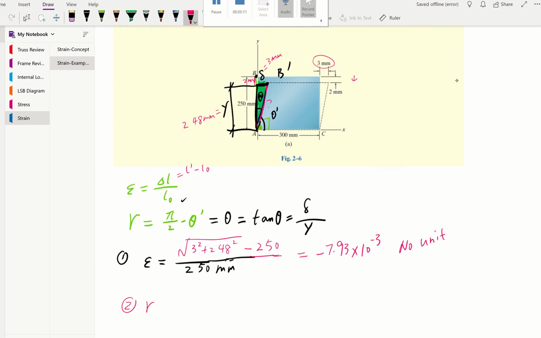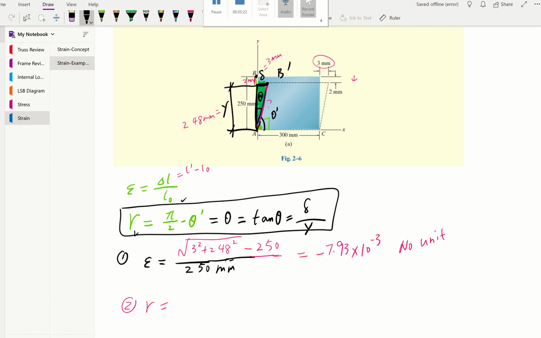Gamma. We already know gamma has a couple of formulas here, 3 actually. Which one will be easy? That's the one you will be using. So here it looks like we're going to use delta over y. That will be an immediate answer, right? Gamma is going to be equal to delta over y, the tangent of this angle.